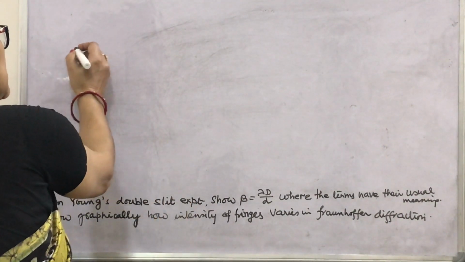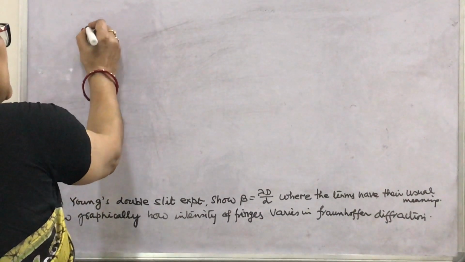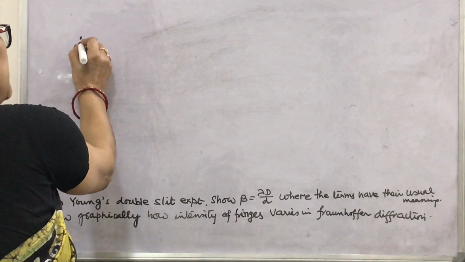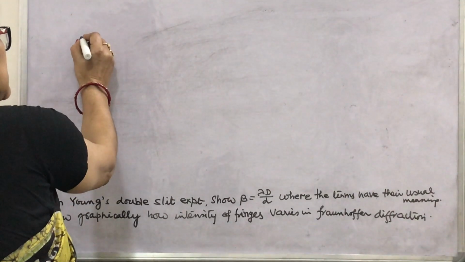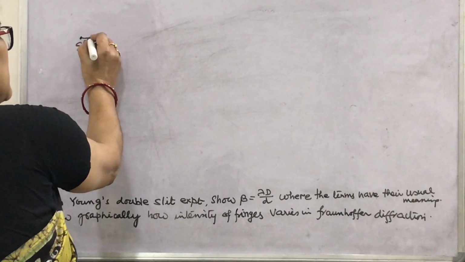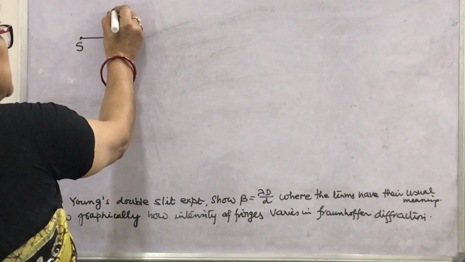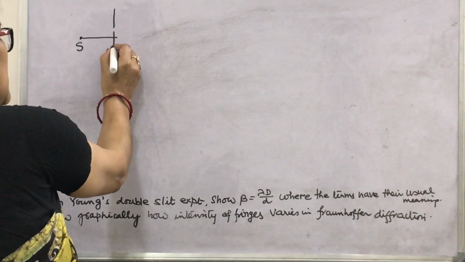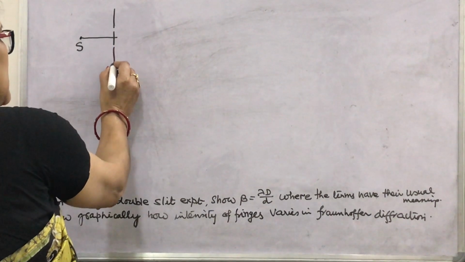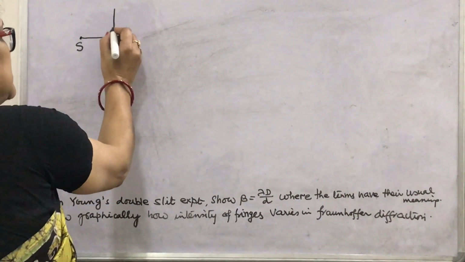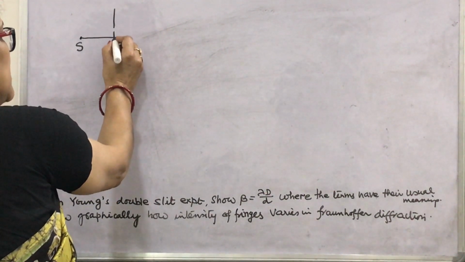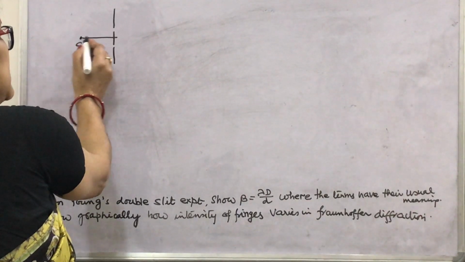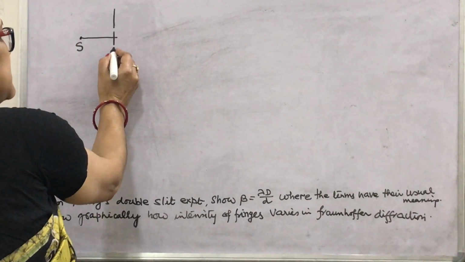You know, in Young's experiment, there is a point monochromatic source. From this source two small slits are cut, arranged in such a way that the point source lies on their bisector.